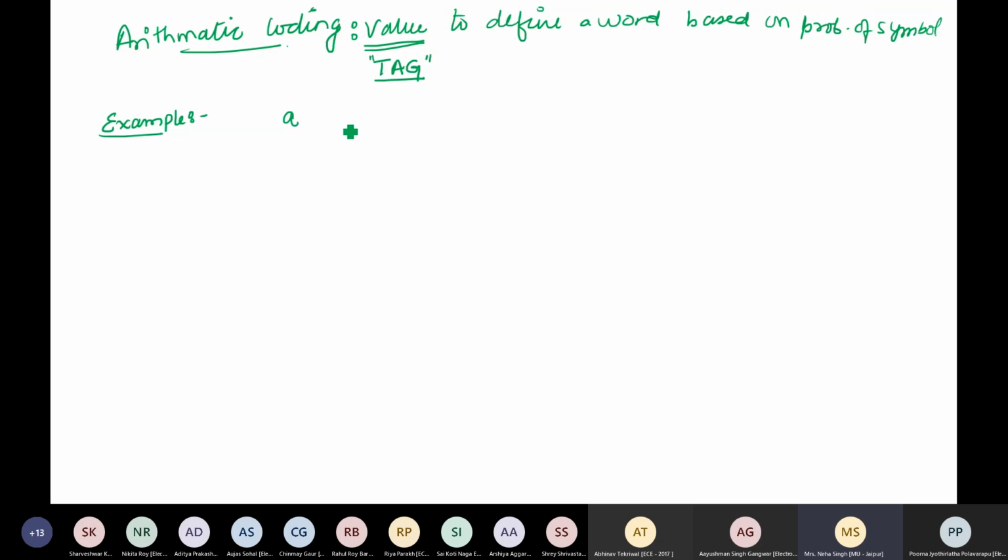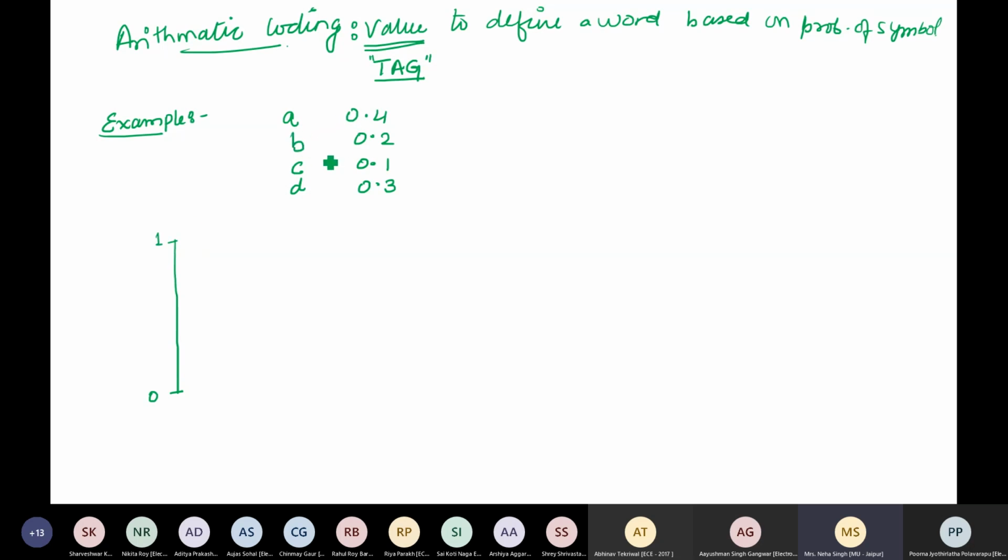I have, say, 4 symbols A, B, C and D. The probabilities are given as 0.4, 0.2, 0.1 and 0.3. Now I need not arrange them in any order of probability, but in any case, I should work with the order given to me for the symbols. So in the first step I have the range of probabilities from 0 to 1.